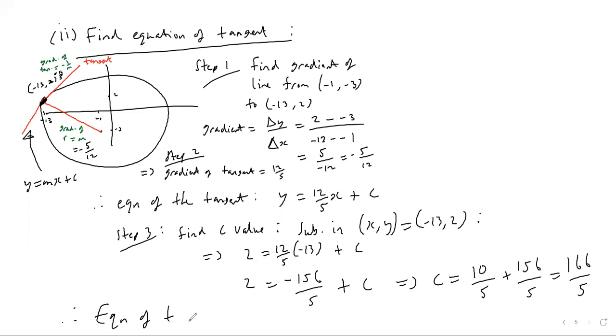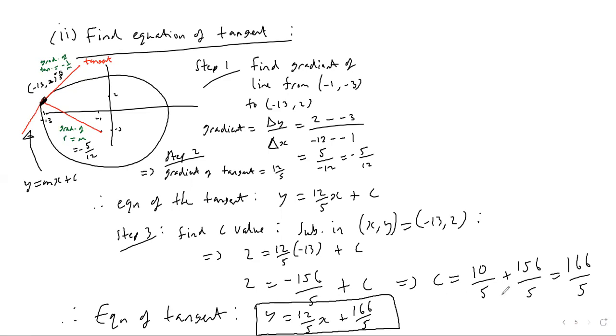So the equation of the tangent is y equals 12/5 x plus 166/5, and that would be our final answer. We could also rewrite it like this. If the question asks you to write it in the form ax plus by plus c equals 0, you would do this instead.